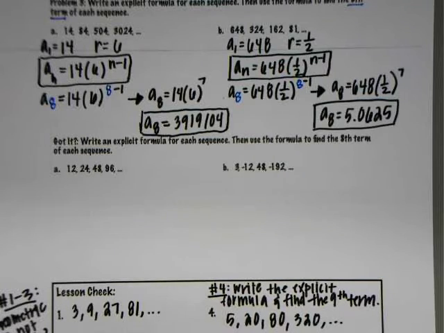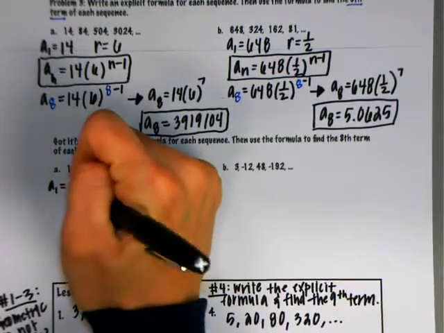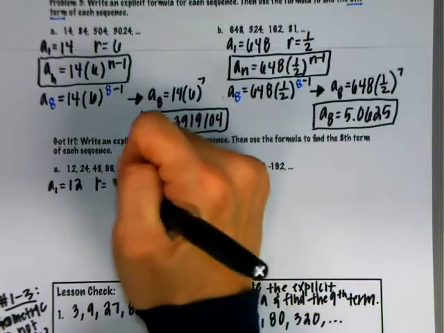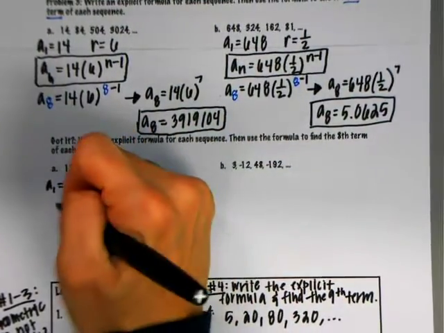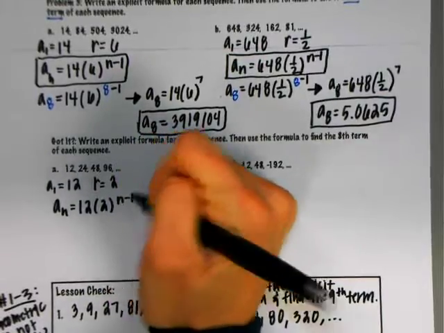Okay, ready? Yes? Okay. All right, for the first one, what is my first term? 12, and then what's my common ratio? 2. Yep. So you should have a sub n equals 12 times 2 to the n minus 1 power for your formula.